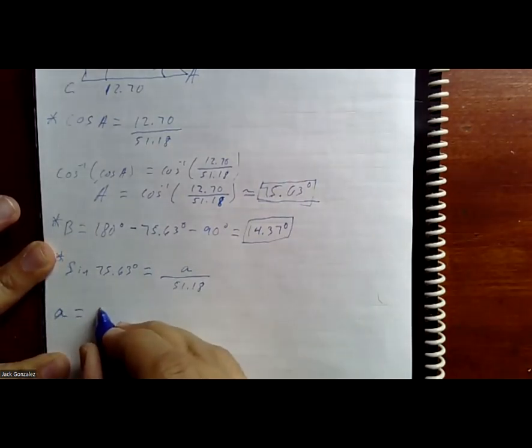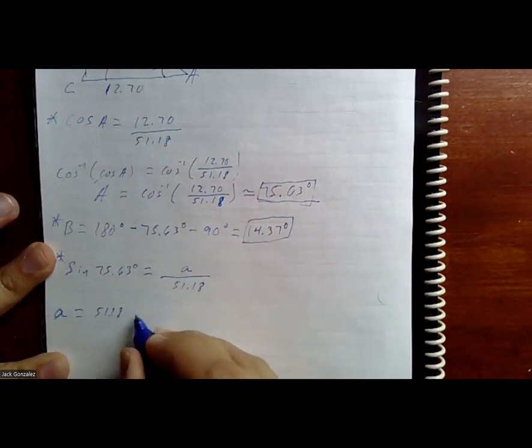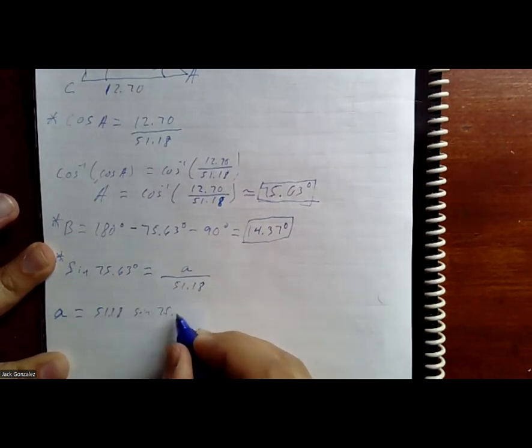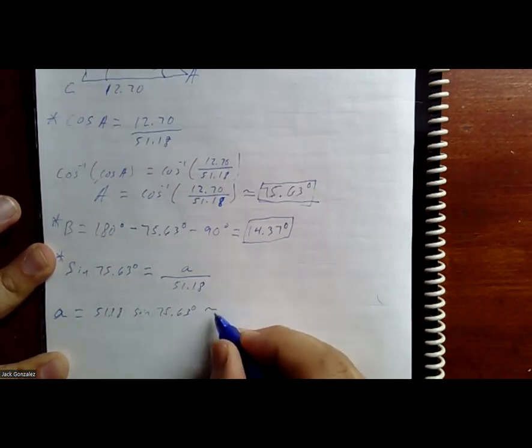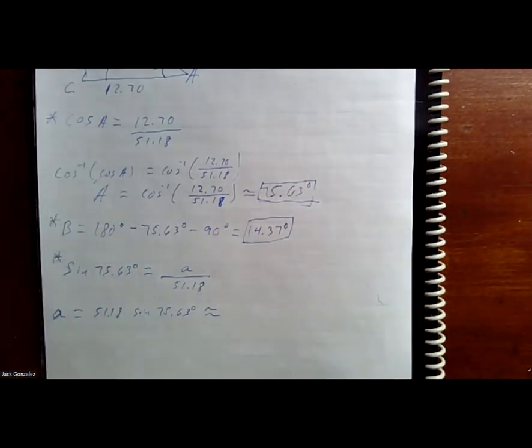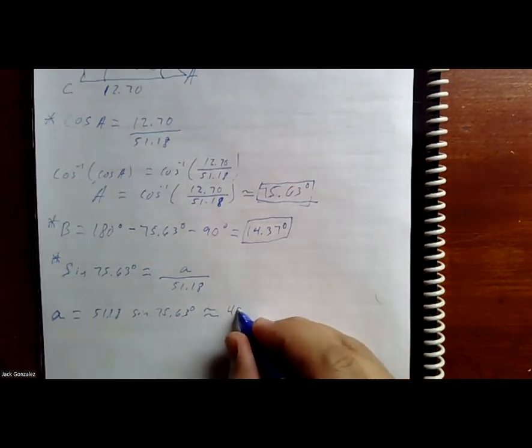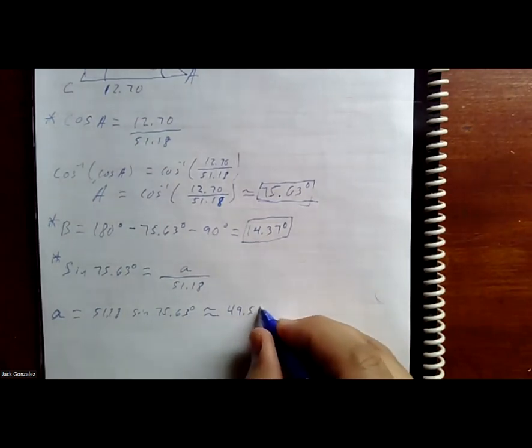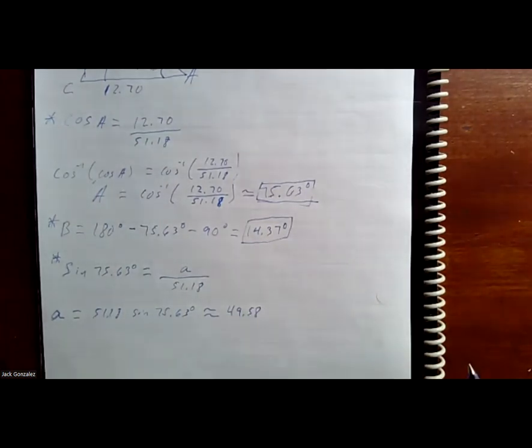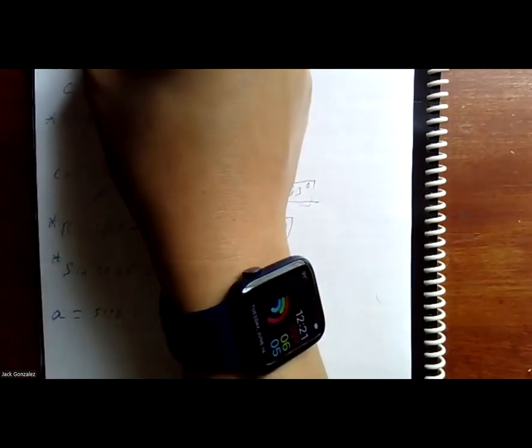A will be equal to 51.18 sine 75.63 degrees, which is approximately 49.58. That's what I got. There we go.